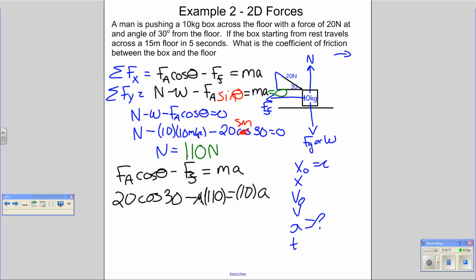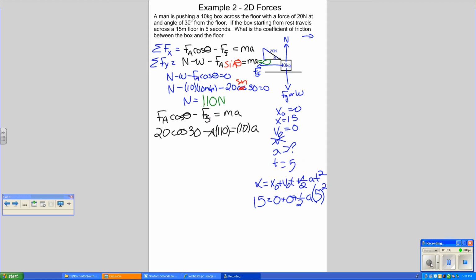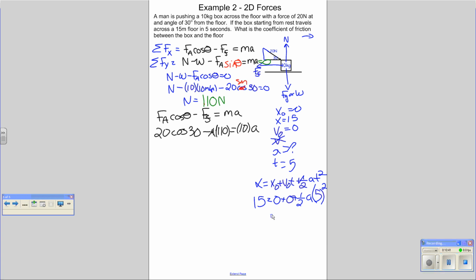We start here, we start at 0, we start from rest. We travel 15 meters in 5 seconds. We use the equation without v. Alright, we plug in our variables and we get an acceleration of 1.2.